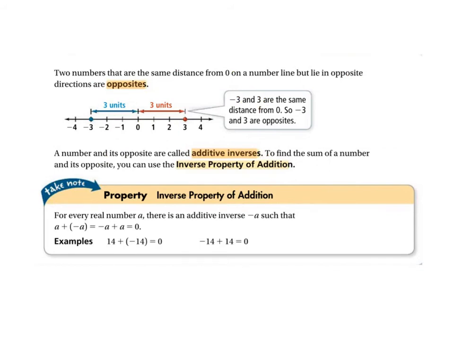To find the sum of a number and its opposite, you use the inverse property of addition. For every real number a, there's an additive inverse, negative a. Whatever that value is, you change the sign to its opposite, so that a plus negative a is the same as negative a plus a, which is 0. 14 plus negative 14, 0. Negative 14 plus 14, 0.